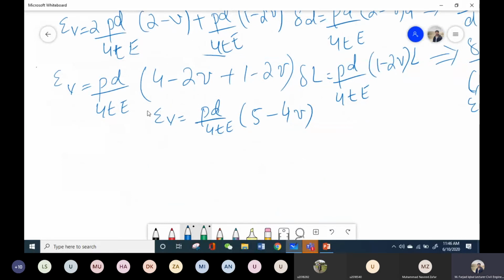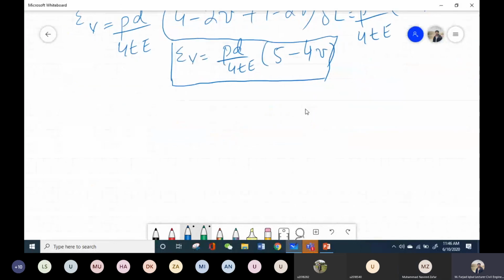So now I know what the volumetric strain is. I have been given the question with all the factors and I've been asked to calculate the change in volume. How will I proceed? I know that volumetric strain is change in volume over original volume.